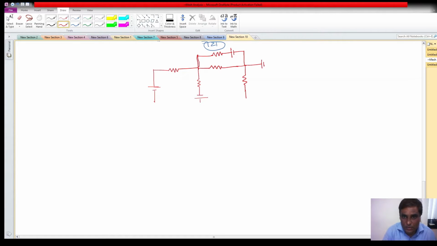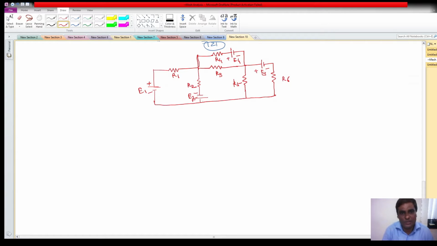Then there is the battery source, resistor, and then all are connected like this. Let us name them. So this is plus E1. Suppose this is R1, R2, this is R3, R4, R5, R6, and say this is E3, and this is E2, and suppose this is E4.